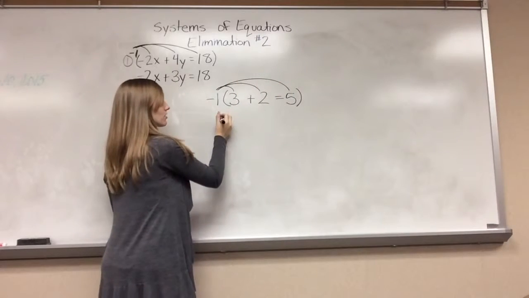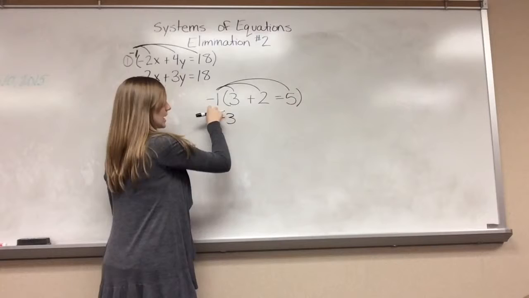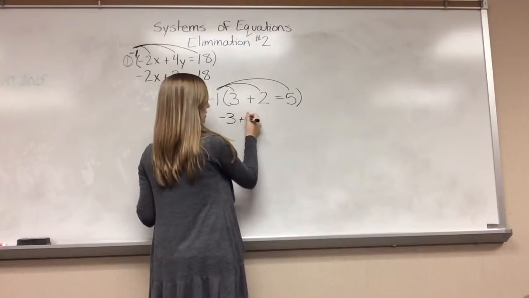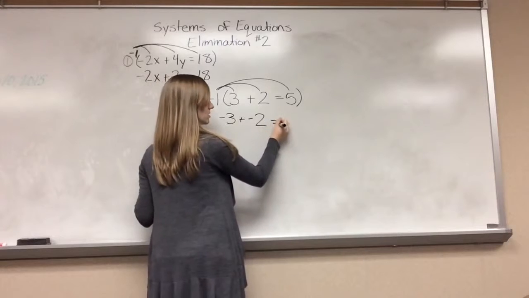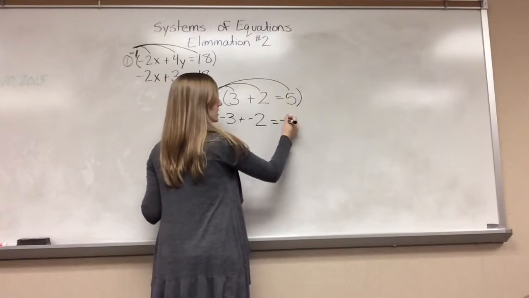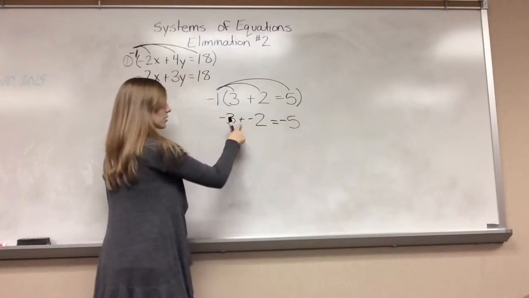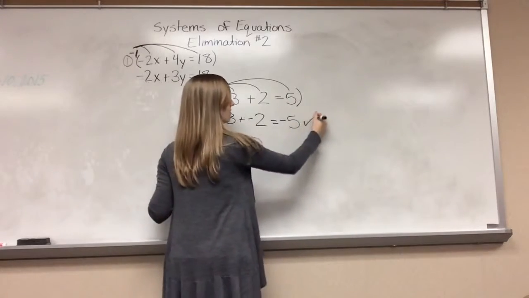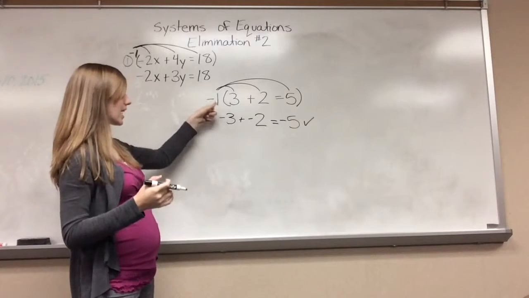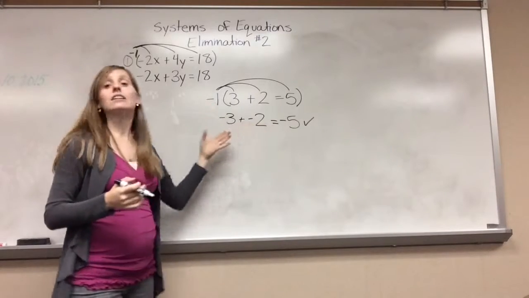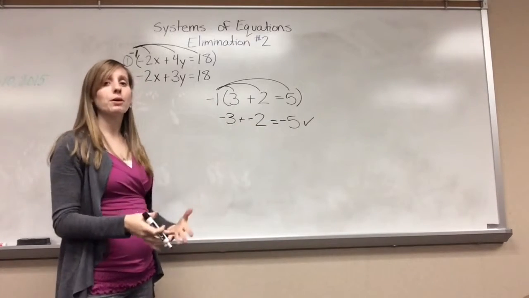Negative 1 times 3 is negative 3. Negative 1 times 2 is negative 2. So I have negative 3 plus negative 2 equals negative 1 times 5, which is negative 5. Negative 3 plus negative 2 is negative 5. So as long as I multiply the entire equation by that negative 1, it's still a true equation.